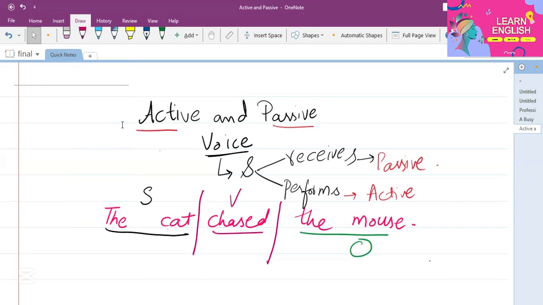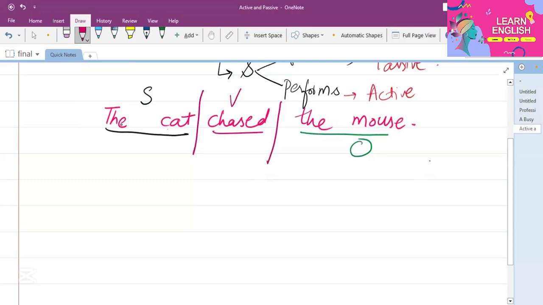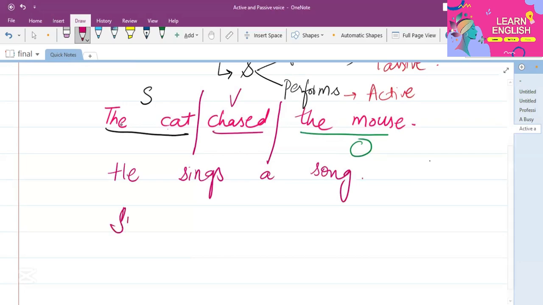Let's take a few more examples of sentences like these. He sings a song. She dances. All of these sentences are in active voice.